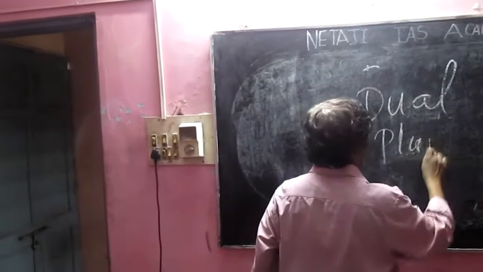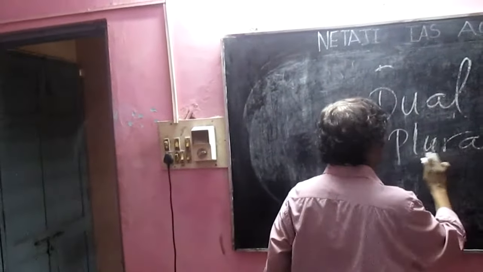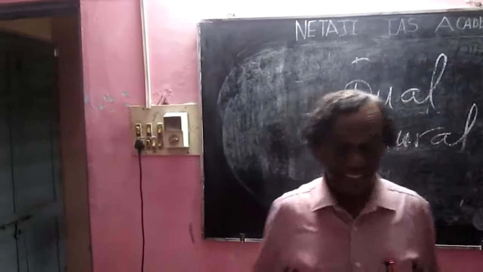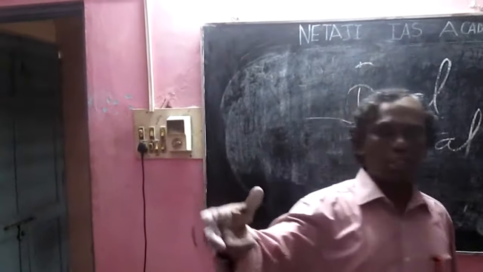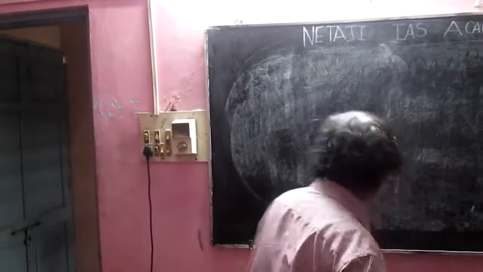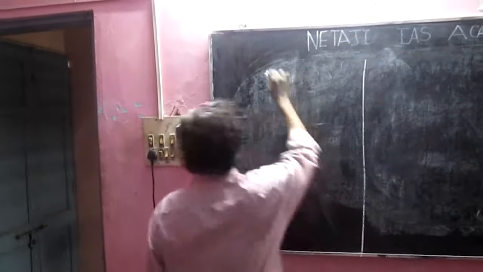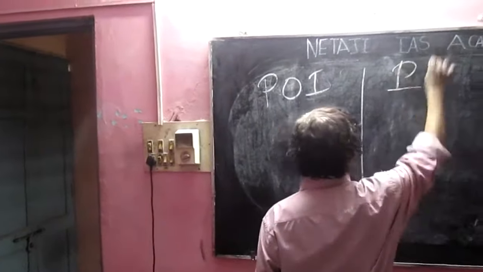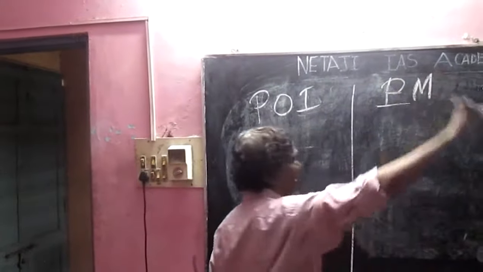Plural means committee. Now let us see the two chief executives in India. One chief executive is the President of India. Other chief executive is the Prime Minister.